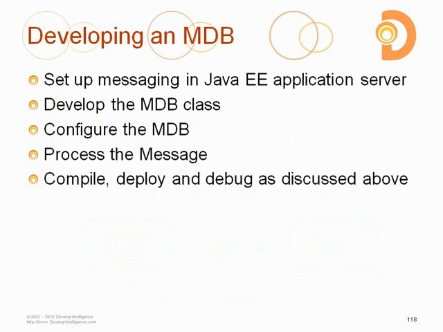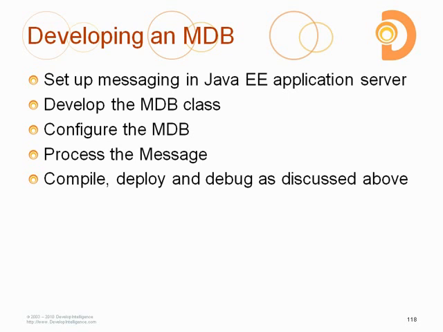When I go to develop an MDB, there are a few different steps that I need to go through from a server configuration perspective. Remember that since an MDB is tied to a messaging system like JMS, I need to generally configure the JMS queue or the JMS topic and the JMS connection factory on the server before I deploy an MDB.